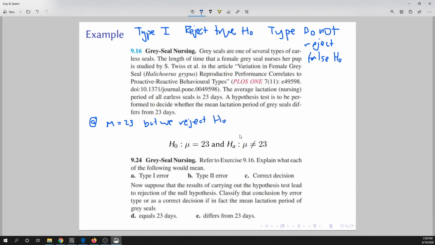The null hypothesis, okay? And part B would be: they want to know what a type 2 error would look like for this particular experiment. So a type 2 error would mean that the null hypothesis is false. So that means that mu is not equal to 23.